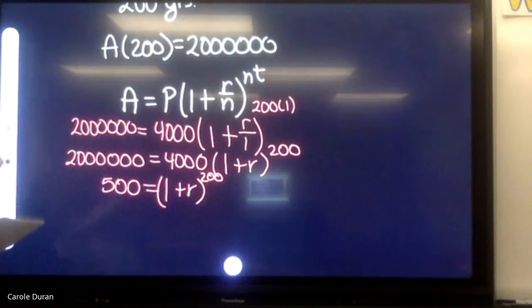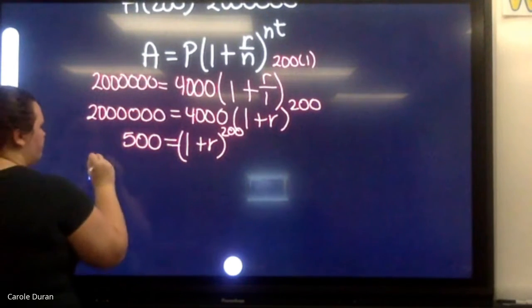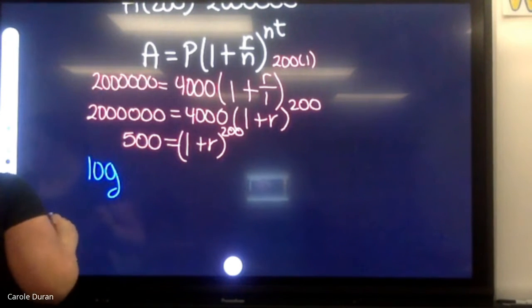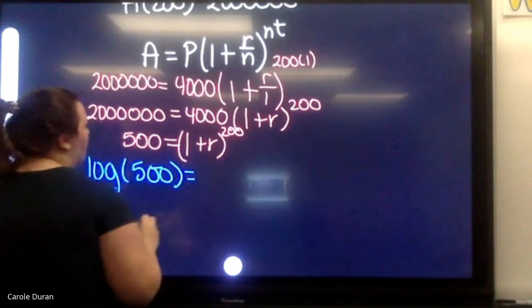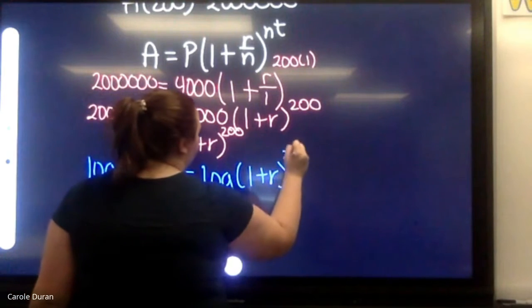I need to somehow bring that 200 down. In order to do that, I'm going to take the log of both sides. So I'm going to have the log of 500 equals log of 1 plus R to the 200.